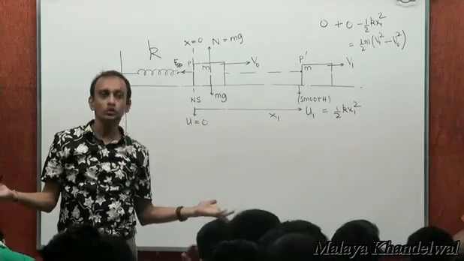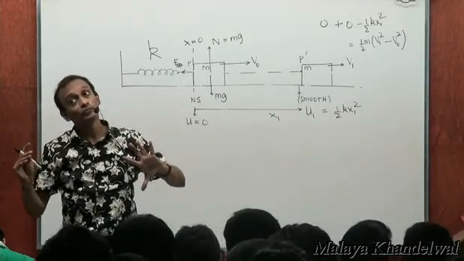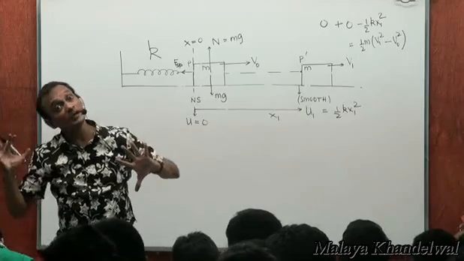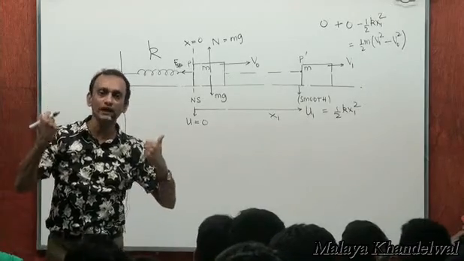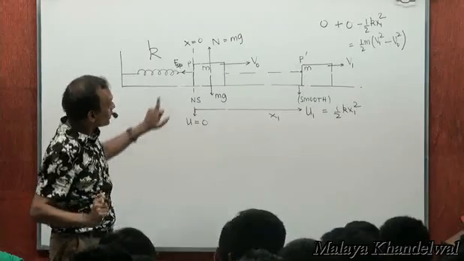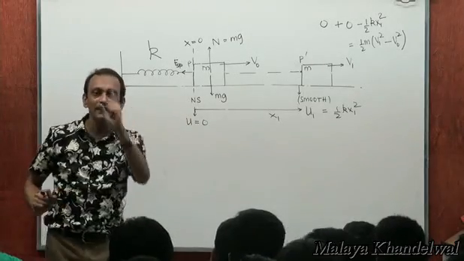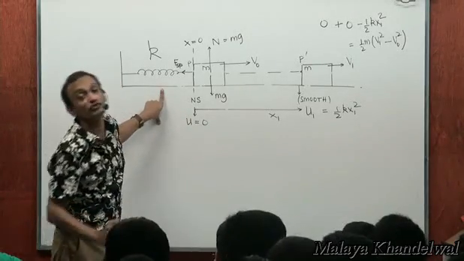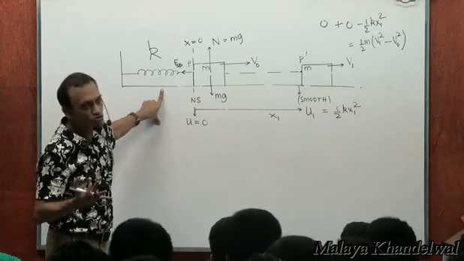I let it go. If you like, let me now keep an external force also acting on it. Let's do that. Okay, let's add more frills to that. What I'll do is, same situation, I'll add an external force. I'll make this surface rough. Let's do that. Okay.